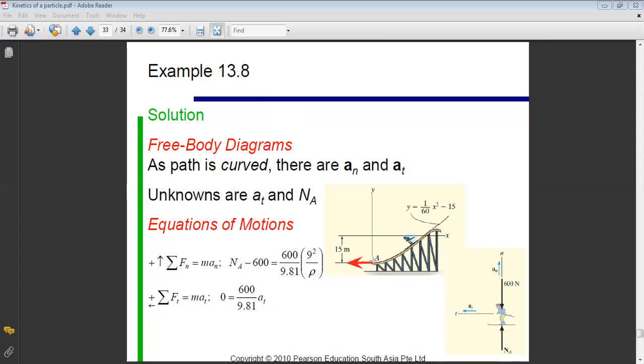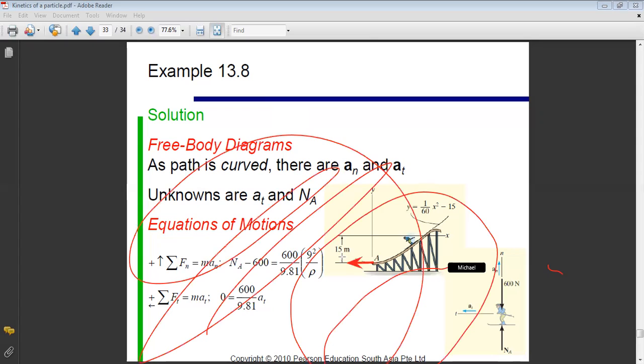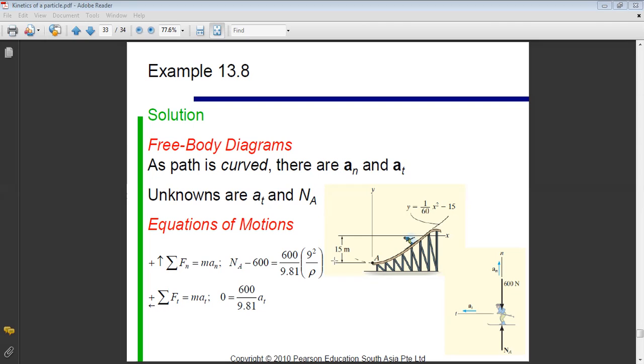Now, at A, how is UT? UT is always tangent to the path, okay? And as you can see here, when you have the equation of the path, to get the tangent, what do we do? All we have to do is the derivative, okay? Because the slope of the curve is given by dy over dx. And dy over dx in this problem, if you derive with respect to x, you get 2x over 60, so it's x over 30.